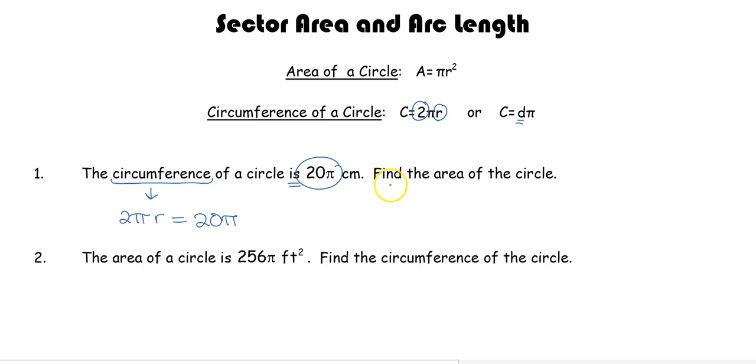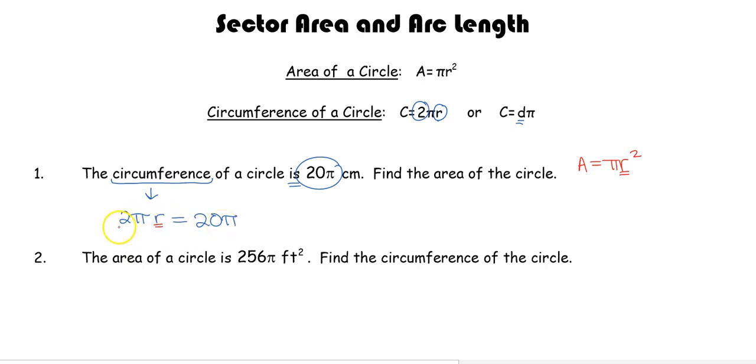What we want to do is use this information to find the area of the circle. If I want to find the area of the circle, I need pi r squared. The only thing that I'm looking for here is the radius. Here, 2 times pi times r is 20 pi.